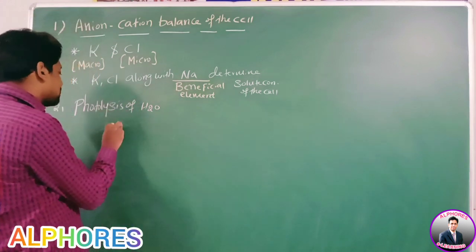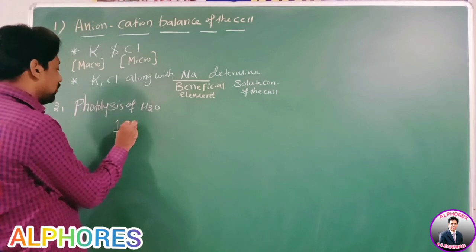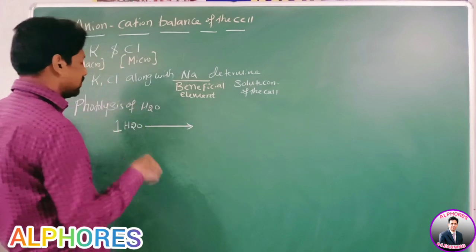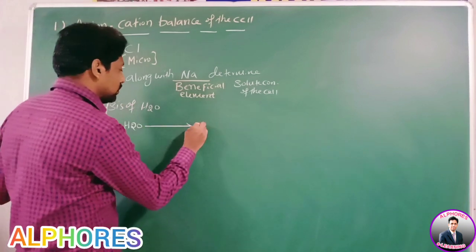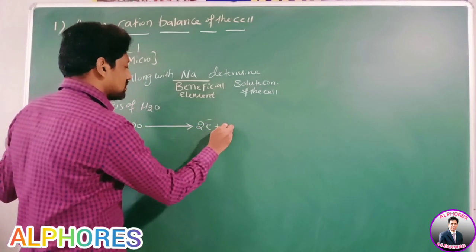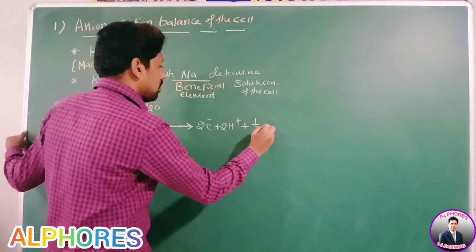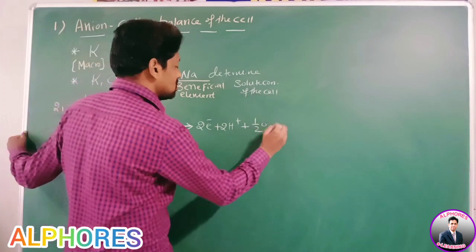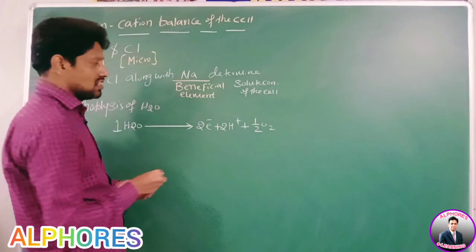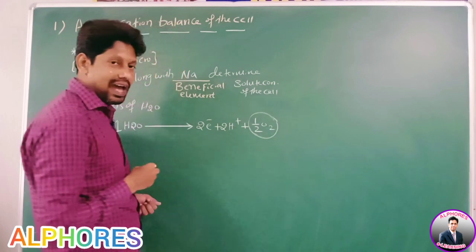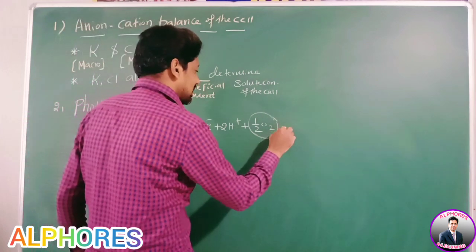Here I am taking one water molecule. When this one water molecule undergoes photolysis, it produces 2 electrons, 2 protons and half molecule of oxygen. Can we call this half molecule of oxygen one oxygen atom?